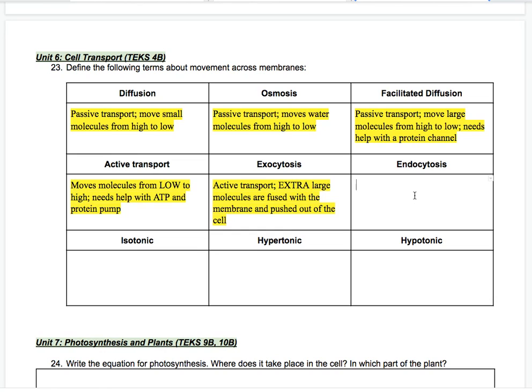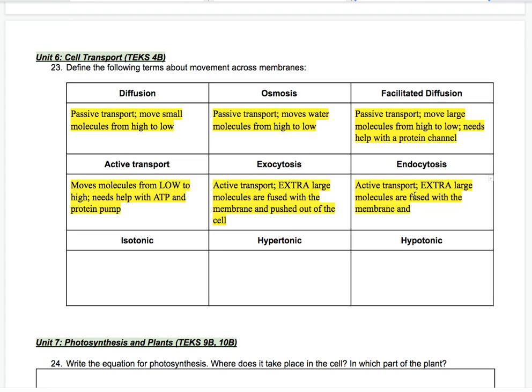Endocytosis is just the opposite of that. It's still a type of active transport. Again, we have extra large molecules. Their membrane is going to be fused with the cell membrane, and then they are engulfed into the cell.